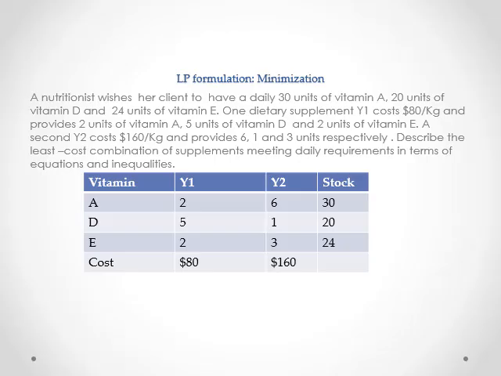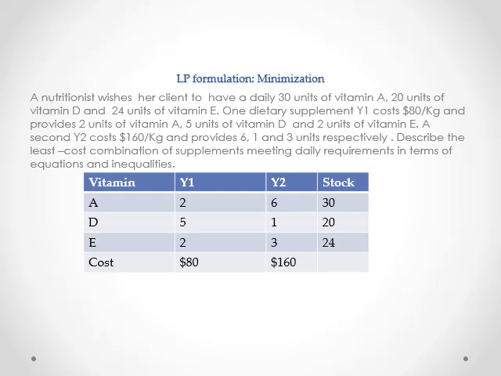The combination y1 should consist of 2 units of vitamin A, 5 units of vitamin D, and 2 units of vitamin E.